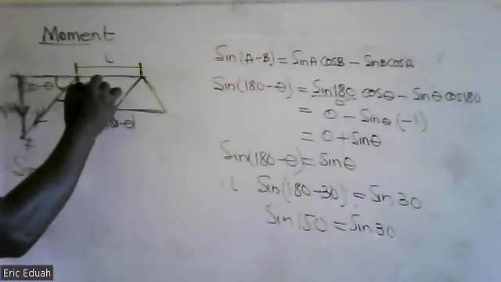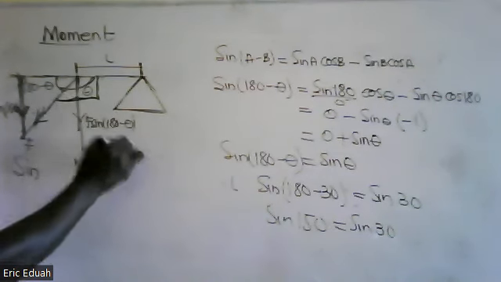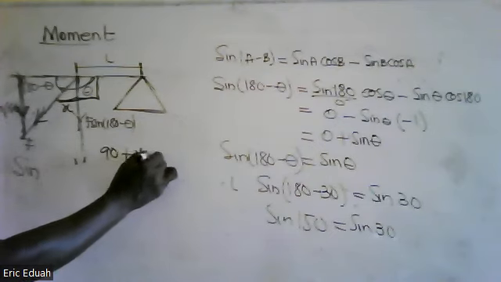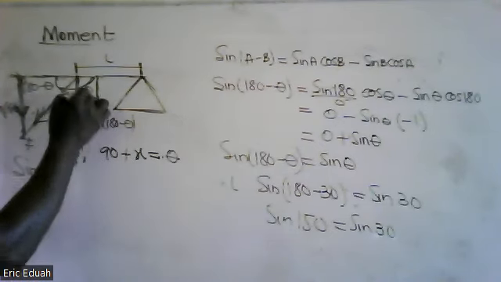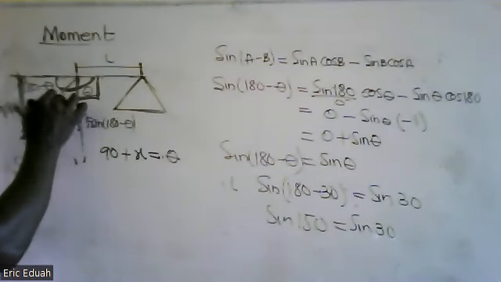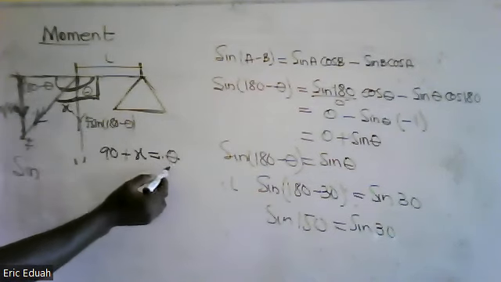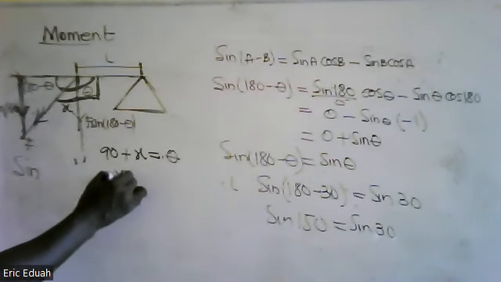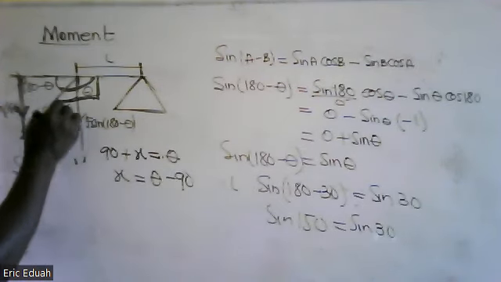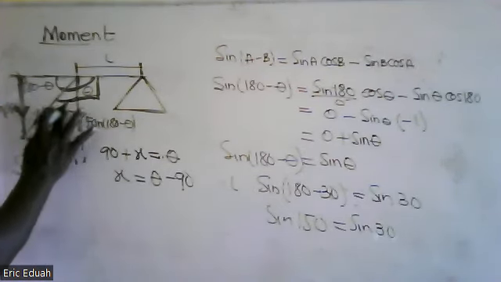So 90 plus this angle we don't know, x, must be equal to theta, the whole of this angle. This is 90. We are looking for this. So this plus this must sum up to be theta. Therefore, the unknown is equal to theta minus 90. So that's what Sanam was talking about.